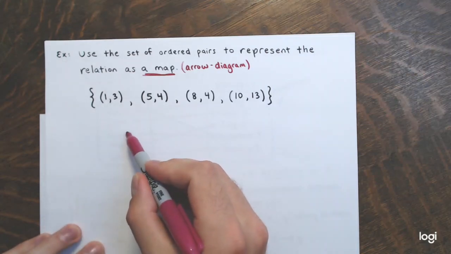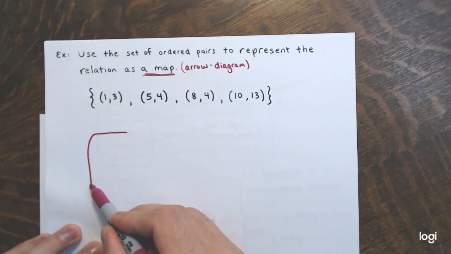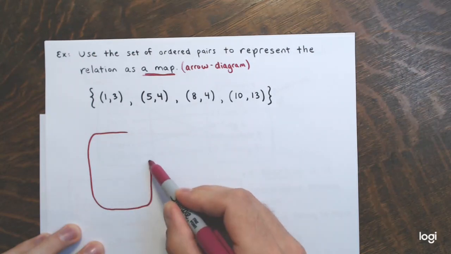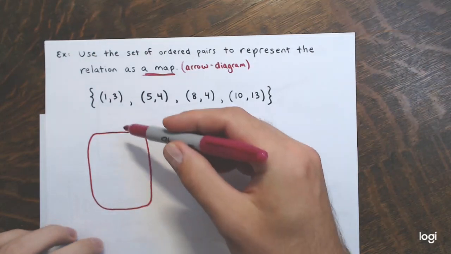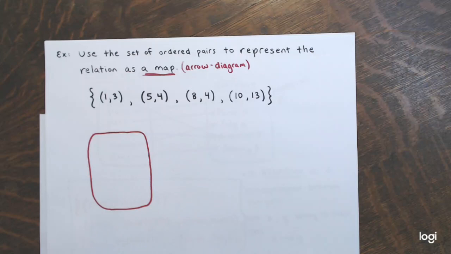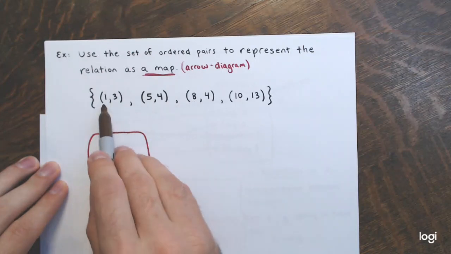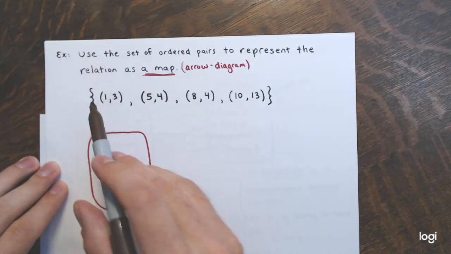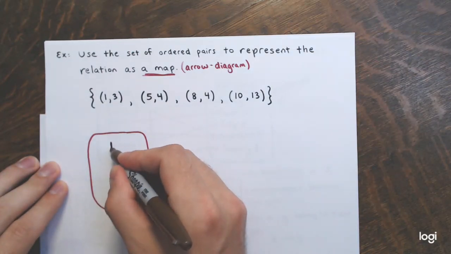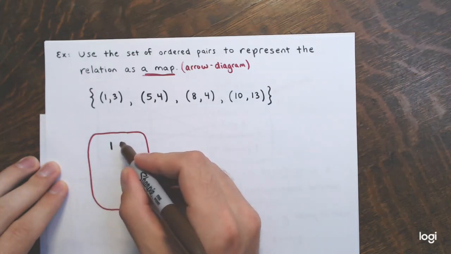So the first set, I'll put a little box over here, and then we'll have the elements from that set. Now there's 1, 5, all the first coordinates of these ordered pairs, right? 1 belongs in there. I like to put little dots next to it like that.